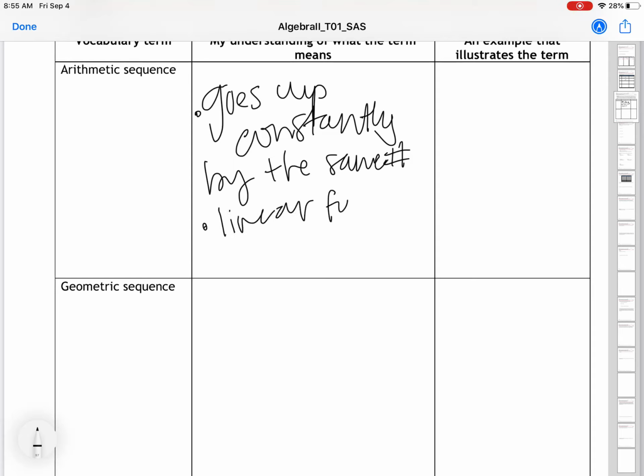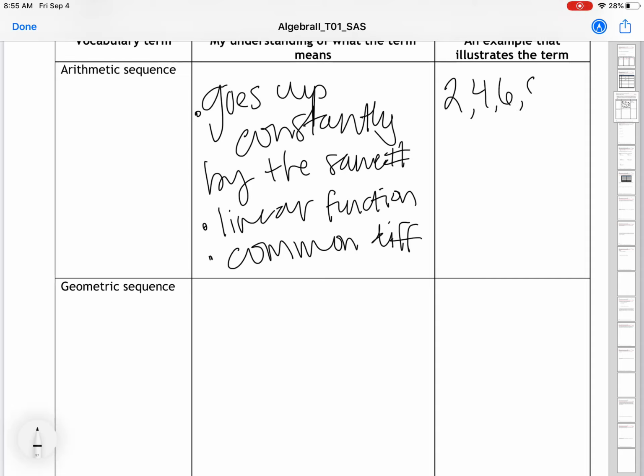It goes with a linear function, and it uses a common difference. Example is 2, 4, 6, 8, 10. It goes up by 2, so my common difference is 2.